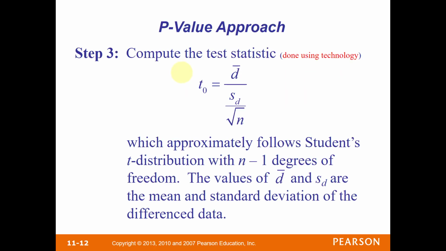In order to compute the p-value, you actually have to compute something called a test statistic. If you want the details about this, this is a reduced formula. It's just a modification of the formula for computing z-scores, telling you how many standard deviations you are above the mean or below the mean. Don't worry about this too much. Degree of freedom is still n minus 1.